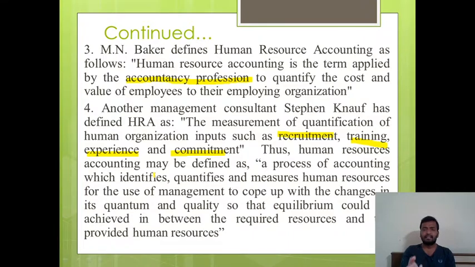It is a term which is used to measure the expenses which are made on the human resources, and by calculating, computing, quantifying and recording all those expenses, they are preparing a report of those expenses and putting it in front of the management, so that the management can take decisions.